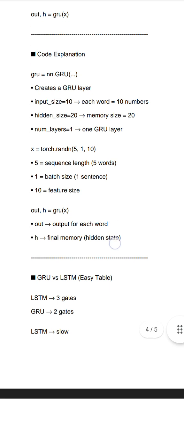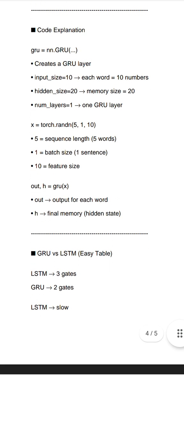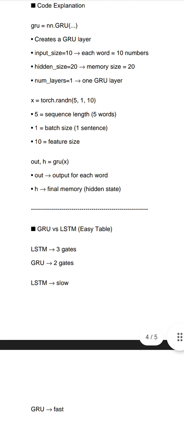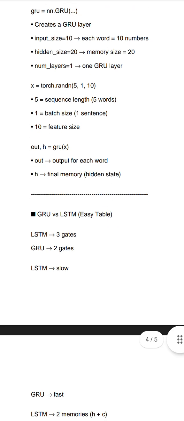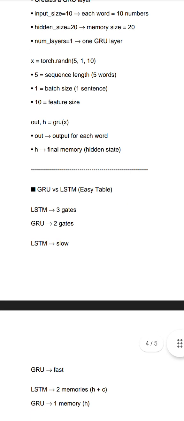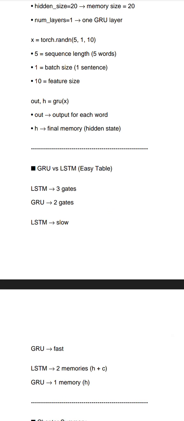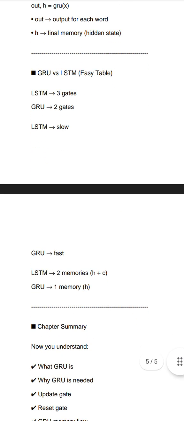Hidden size is the memory size, num_layers is 1 GRU layer, and then torch.randn with 5 words in the sequence, batch size 1 sentence, feature size 10. The output gives output for each word and the final memory, the hidden state.